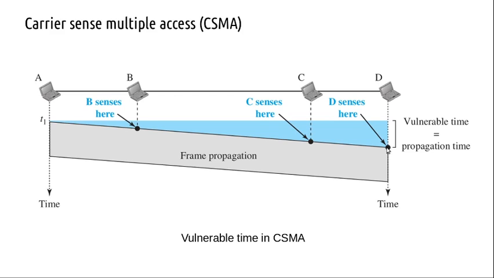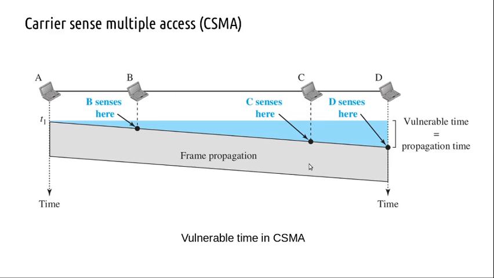And B will know this only after a while, and A will get to know. So T max, this is the vulnerable time. In this duration there is a possibility of collision. There is a possibility of collision in CSMA.